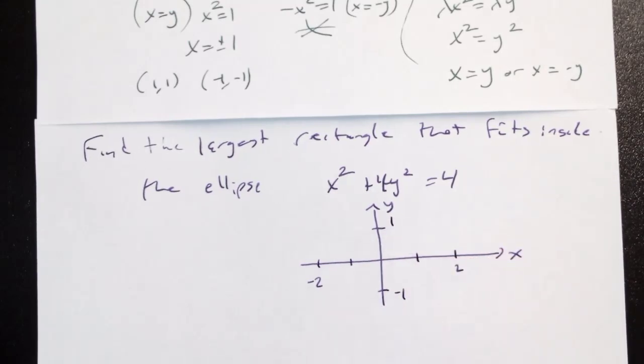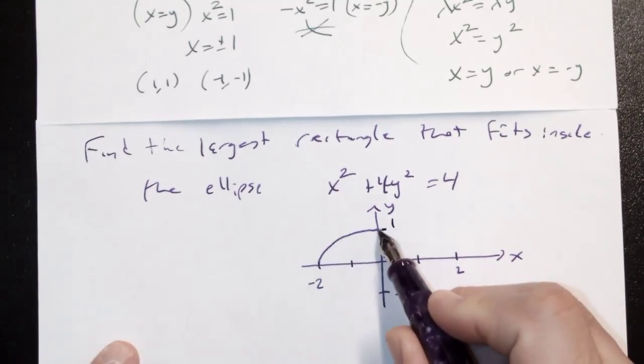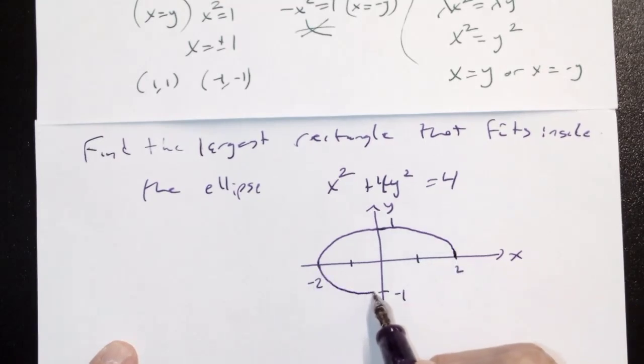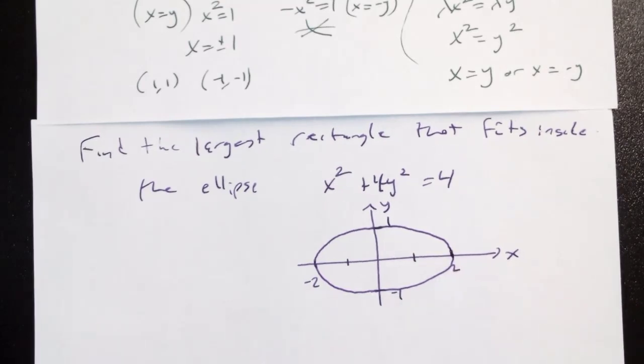So now I can say that my ellipse should look something like this. Give or take my crappy artwork.